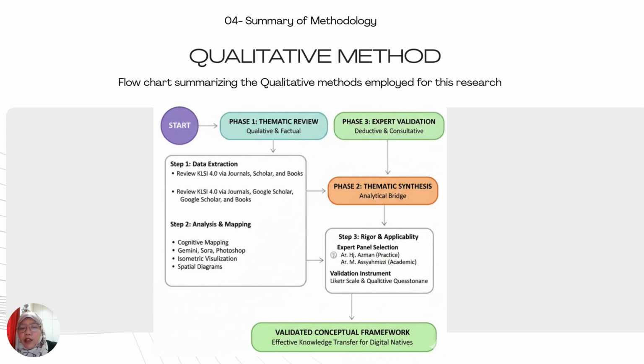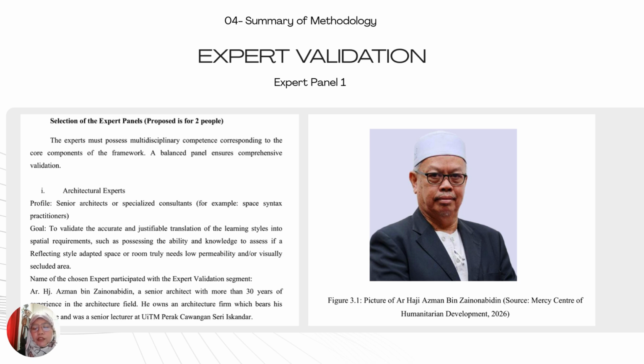I gave them a validation instrument, which is a Likert scale qualitative questionnaire. After they reviewed, I achieved a validated conceptual framework, so we will see which intervention is most suitable with which learning style.